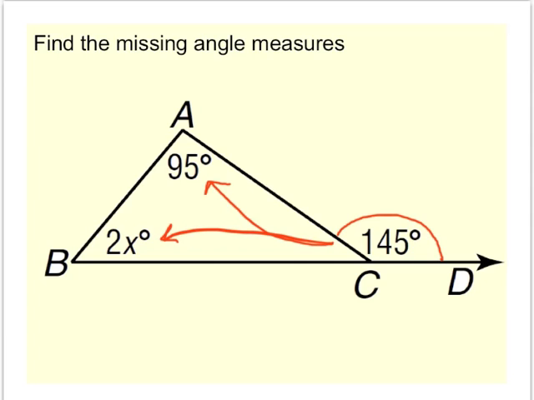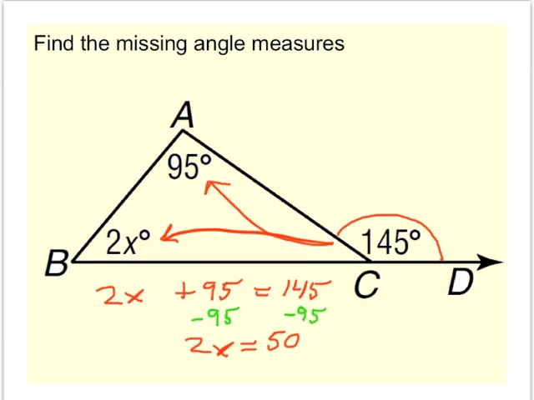So the exterior angle theorem says the sum of the two remote interior angles, 2x and 95, together add up to 145. So if we subtract 95 from both sides, we see 2x is equal to 50, which means x in this case would be 25. So that means this angle would be 2 times x, or 2 times 25, so it would be 50 degrees.